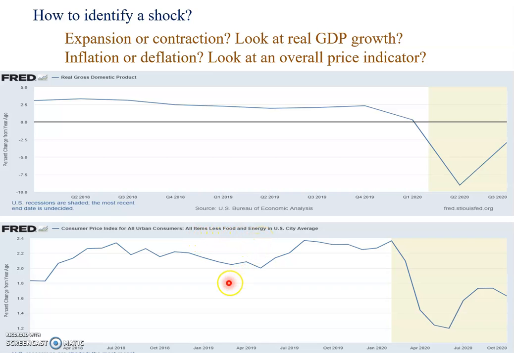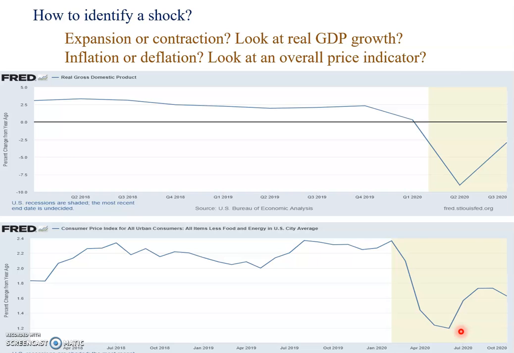In other words, we're looking at the core CPI. So we find that the core CPI during the pandemic decreased a lot, from approximately 2.4% every year to the lowest level during the pandemic of 1.2%.